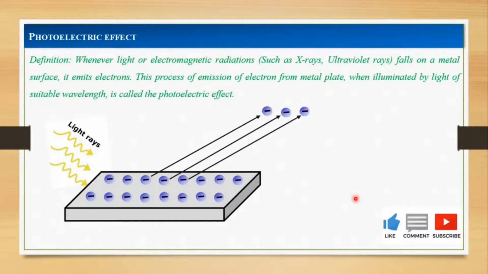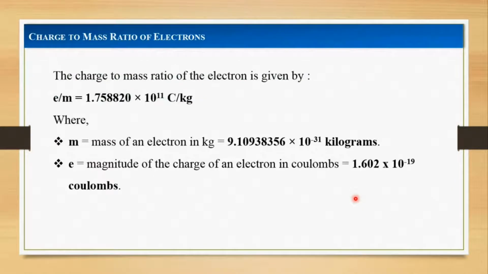In order to confirm the charge to mass ratio, as we know, the charge to mass ratio of the electron is given by e/m equal to 1.758820 times 10 to the power 11 coulomb per kg, where m is the mass of the electron in kg, which has the value 9.10938356 times 10 to the power minus 31 kilogram, and e is the magnitude of the charge of the electron in coulombs, which has the value 1.602 times 10 to the power minus 19 coulomb.